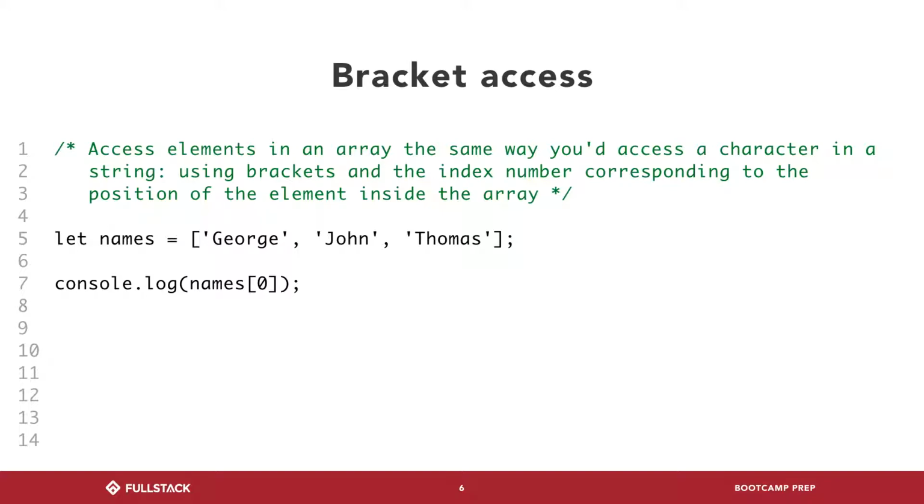So arrays start at index 0 and we work our way up. So the max index for any array is always going to be the length of the array minus 1, right? Because if there are 7 things, rather than go from 1 through 7, the index goes 0 through 6 inclusive. And so that's how we access. So we use the bracket notation to access the elements in the array.